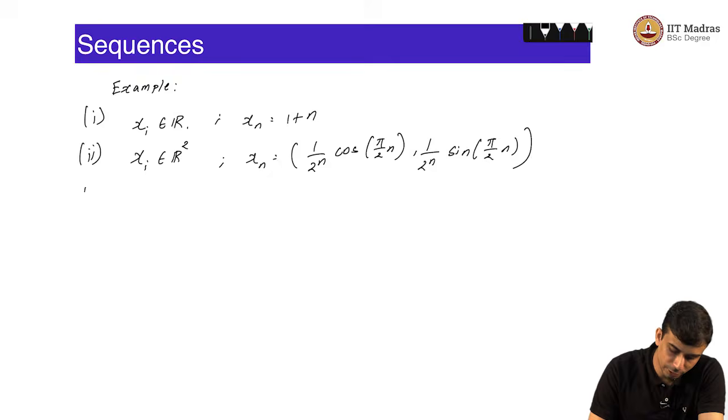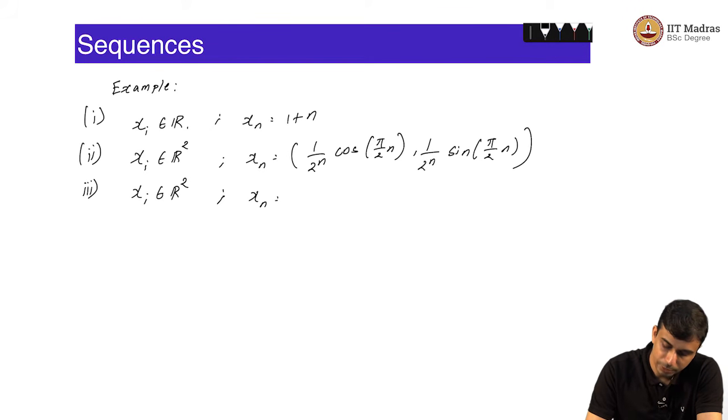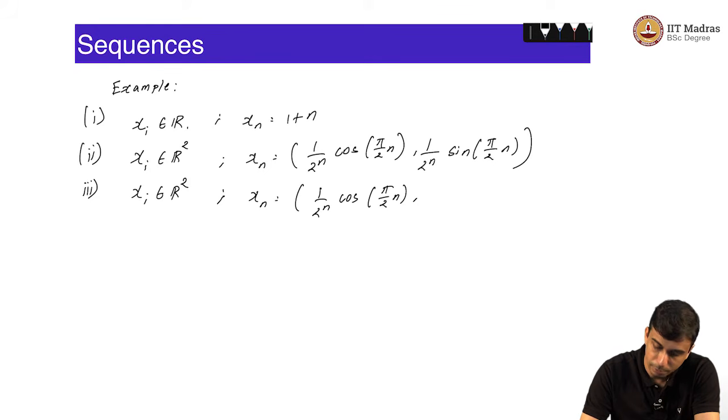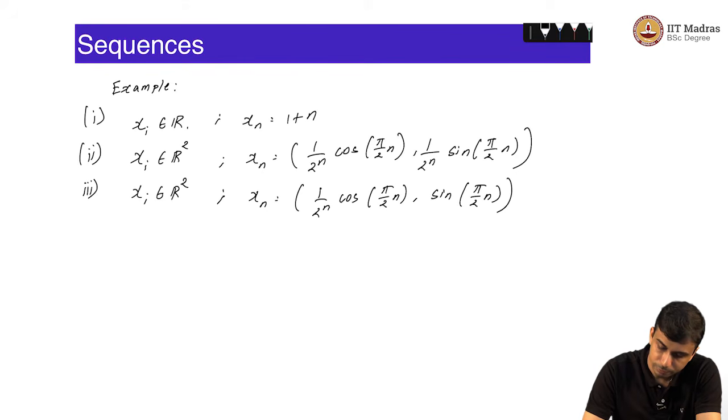Then finally you have a third sequence x_i in R2, where your x_n is simply given by 1/2^n cosine of pi by 2 n, but the second coordinate is different, it is just sine of pi by 2 n.